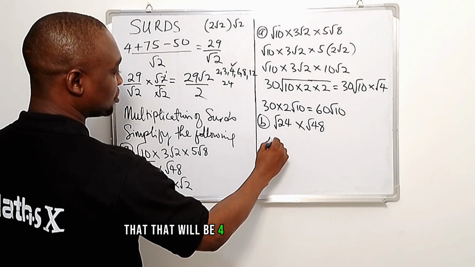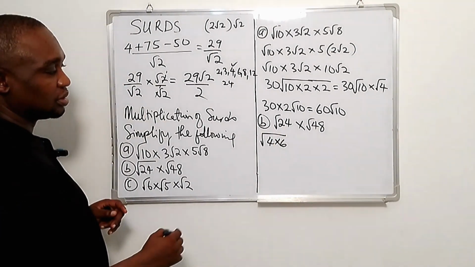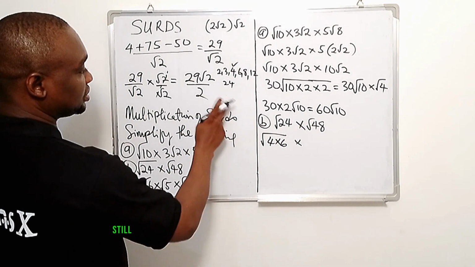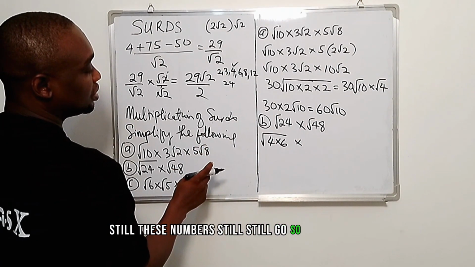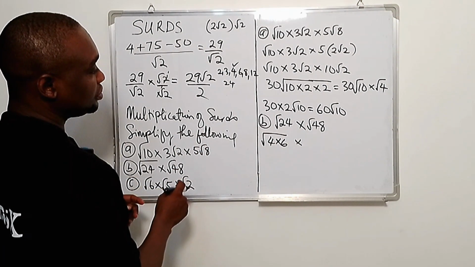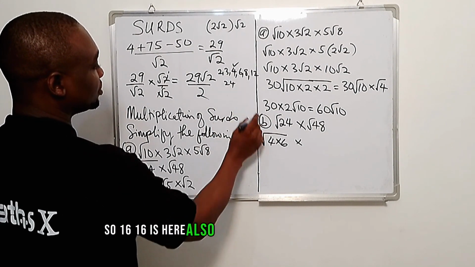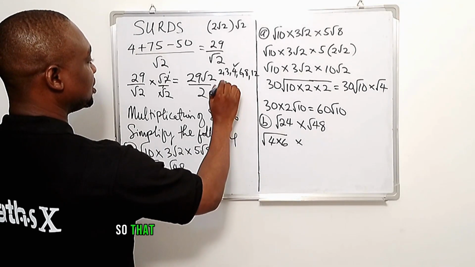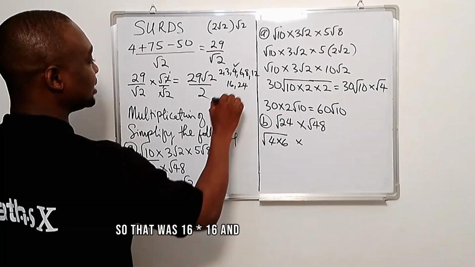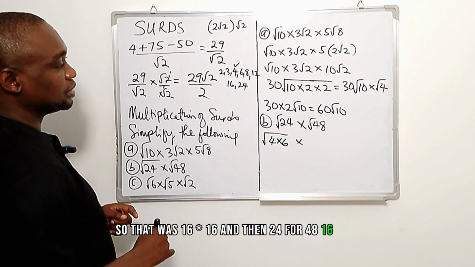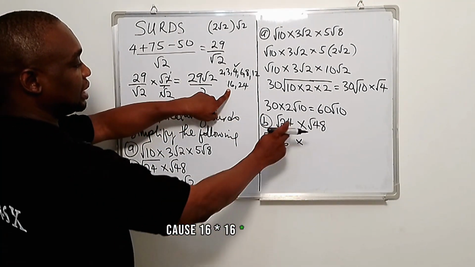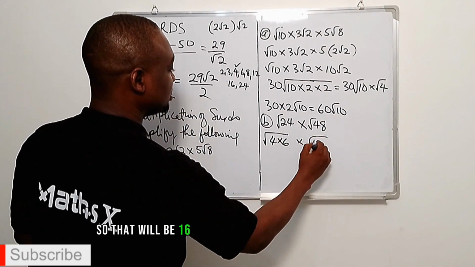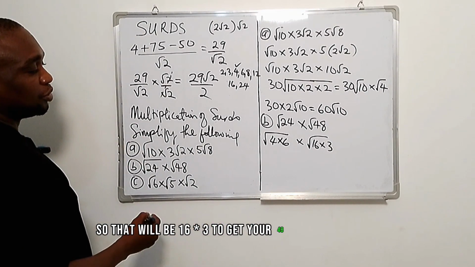That will be 4 times 6 under square root times 48, a similar thing. This will be 16. 16 is here also in this particular one. So there's 16. 16 goes because 16 times 3 is 48. So that will be 16 times 3 to get your 48.